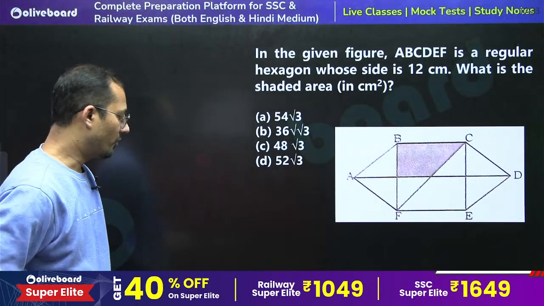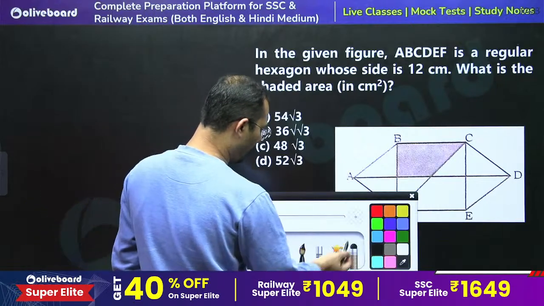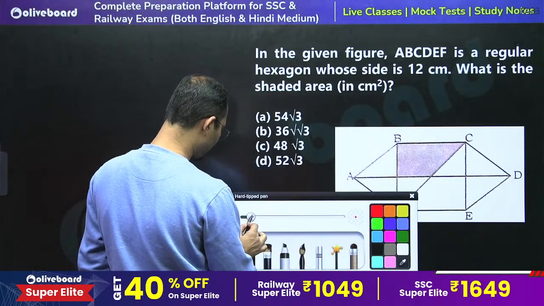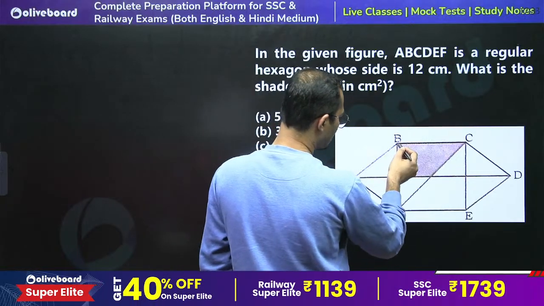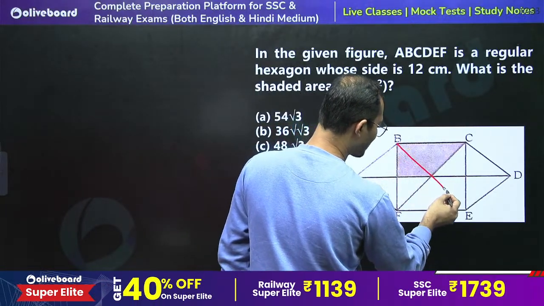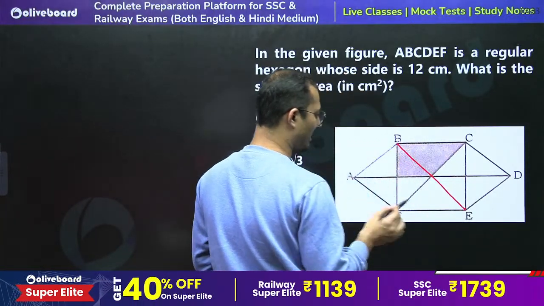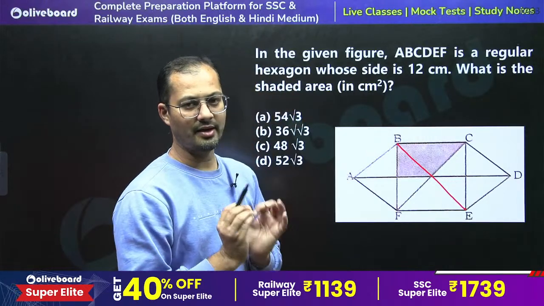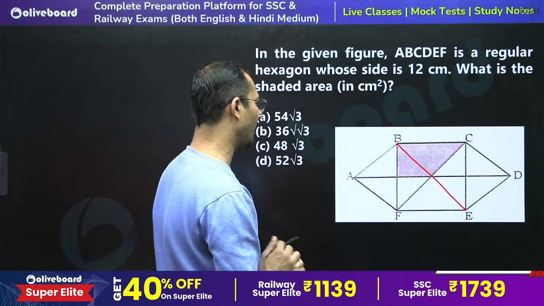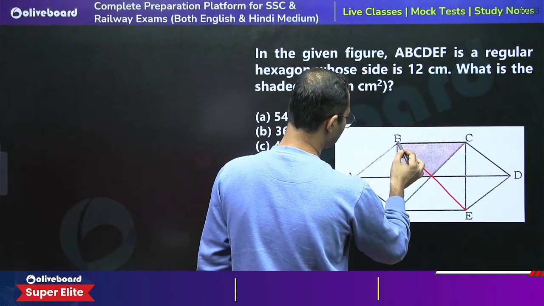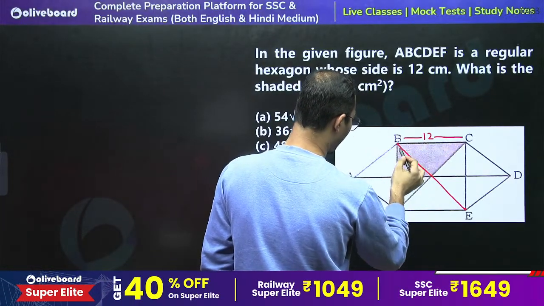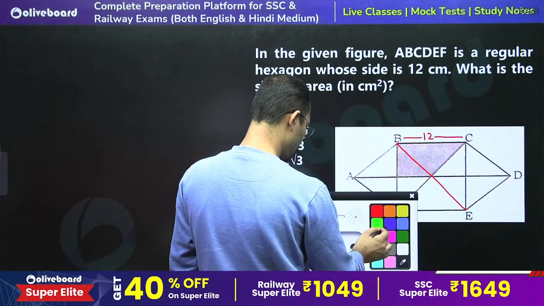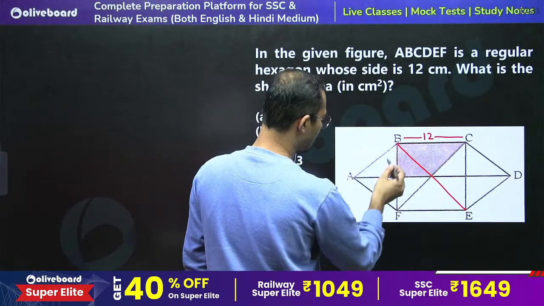See, when we draw all the diagonals of a hexagon, the complete hexagon is divided into 6 equilateral triangles, right? So we can say that if this is 12, this is also 12.